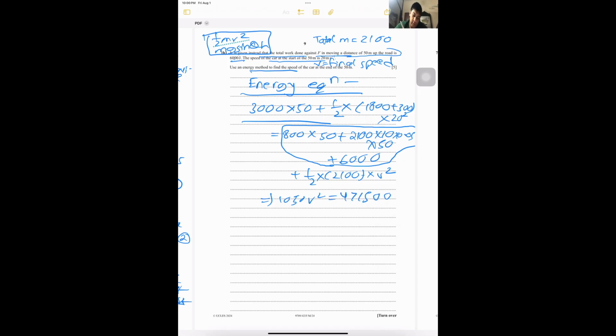This is a calculated value, and finally v is root over 71500 divided by 1050, which is 1.2 meters per second. So we have found the value of the speed at the end of the 50 meters.